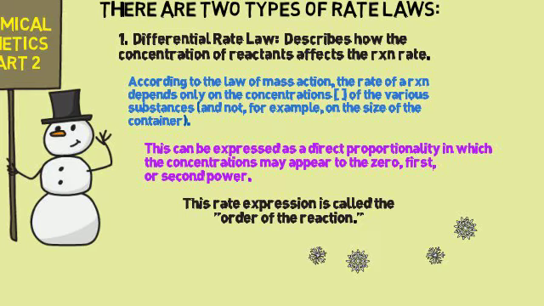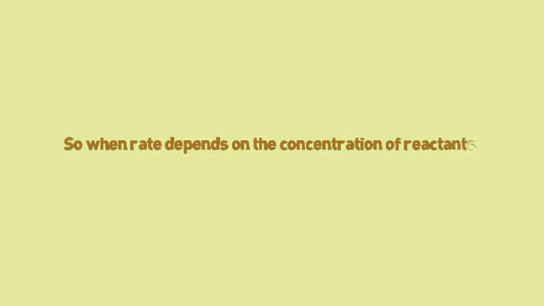So now, of course, we're going to express this mathematically because this is chemistry, and everything is expressed mathematically. So when rate depends on concentration of reactants, we get a rate law. And here is the rate law.